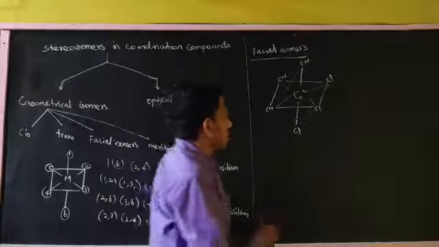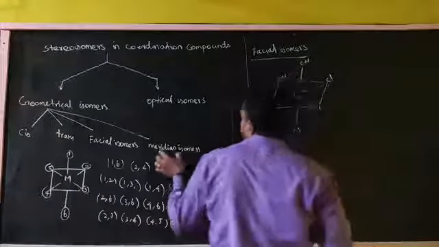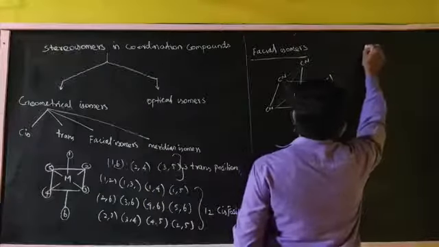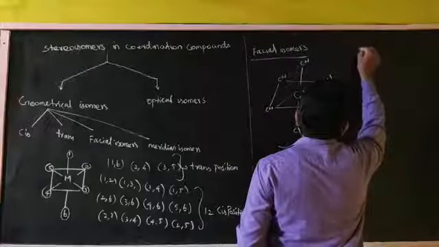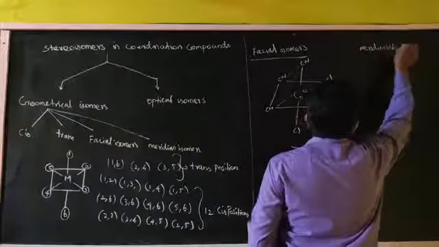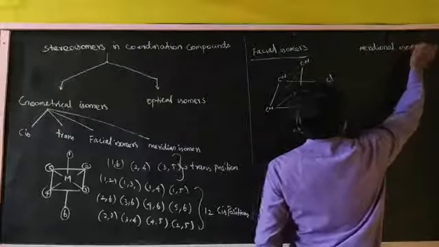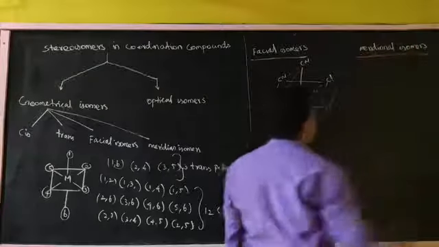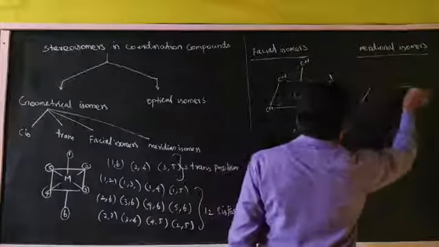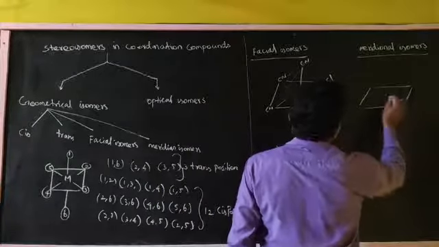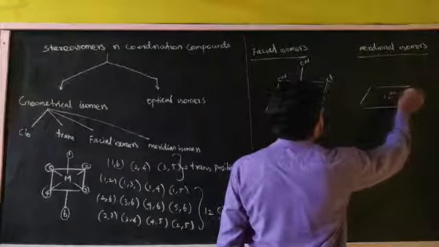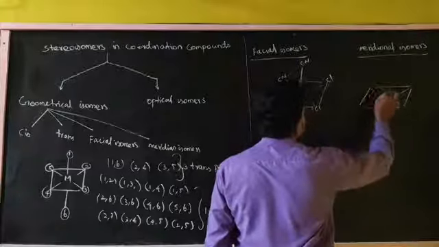Right? Now, meridional isomer. We can say mer isomer or meridional isomer. How will the meridional isomer be? Cobalt is the central metal atom, right?